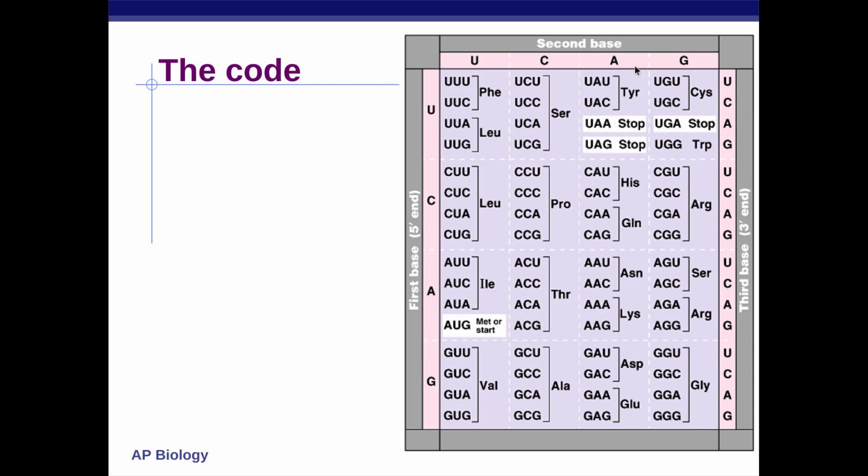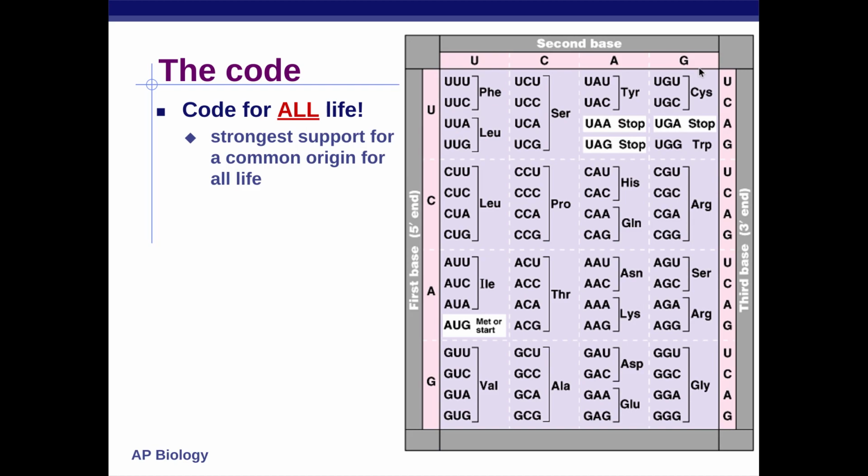So we have all these 64 different combinations of nucleotides, 64 codons, 64 triplets, and scientists have worked out which codon codes for which amino acid, and they put this together in the form of a chart, which is called a codon chart.